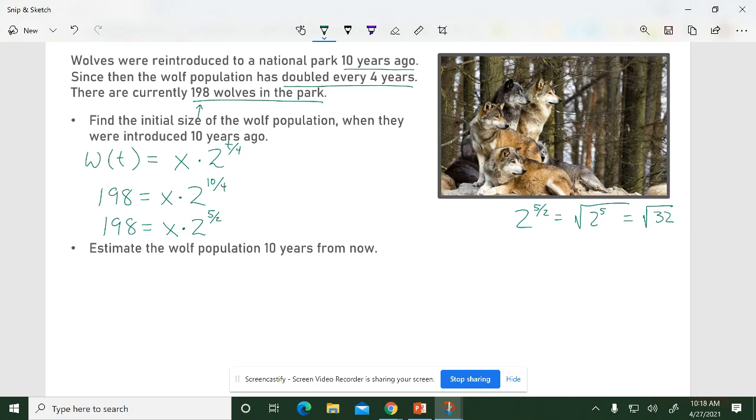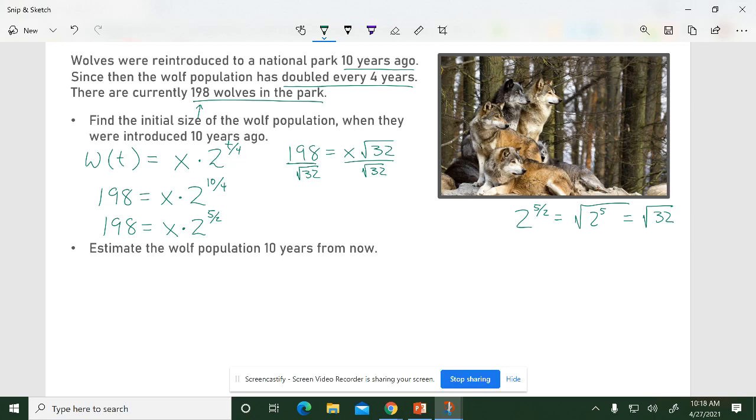So what we got here is 198 equals x times the square root of 32. So what we need to do is divide by the square root of 32. And that should tell us x, how many wolves we started with.